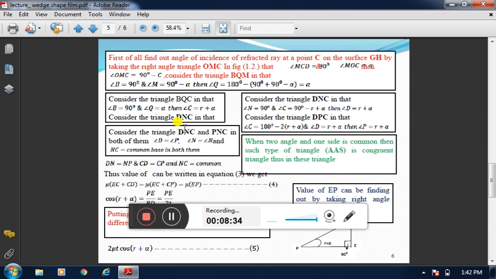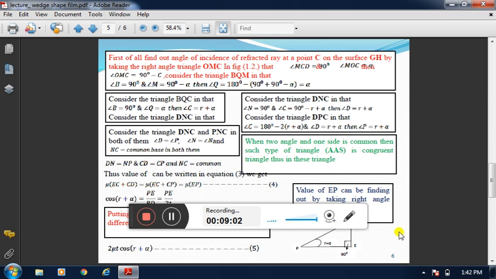It means triangles DNC and PNC are congruent. Congruent means DN is equal to NP and CD is equal to CP. NC is common. From the above equation we substitute the value of CD as CP. Here we have EC plus CP, which becomes, from the diagram, mu EP.